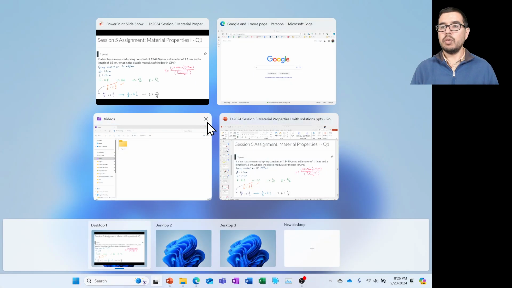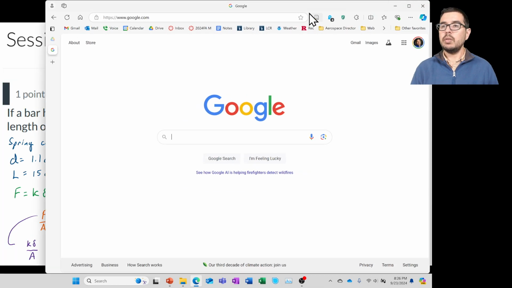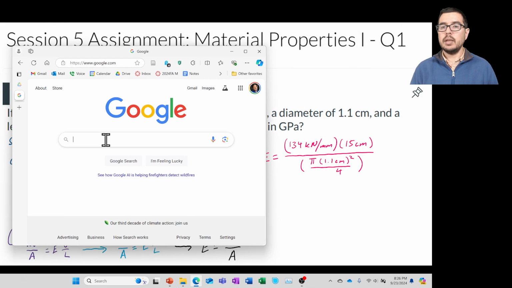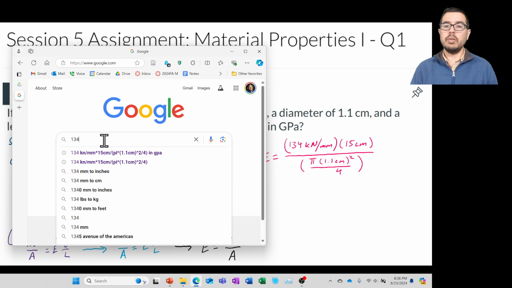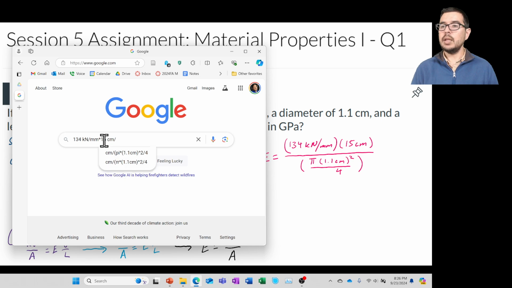So we go over to a web browser, and we have 134, and you already see that I've done this problem before, so it's going to come out like we see here.